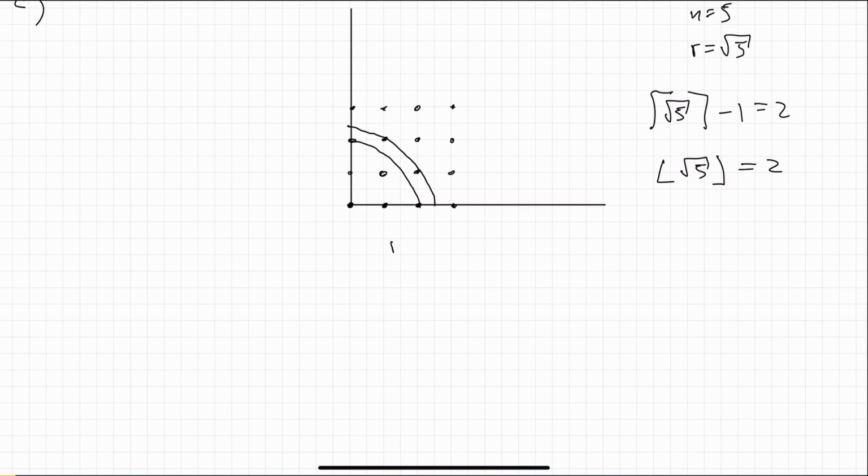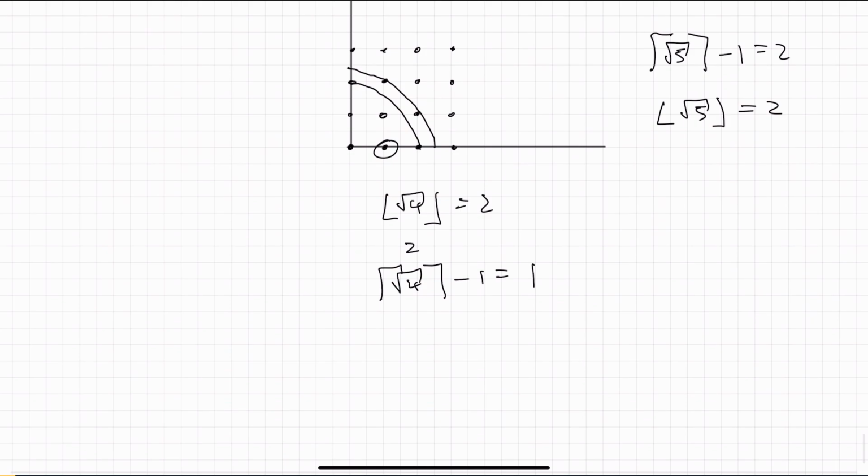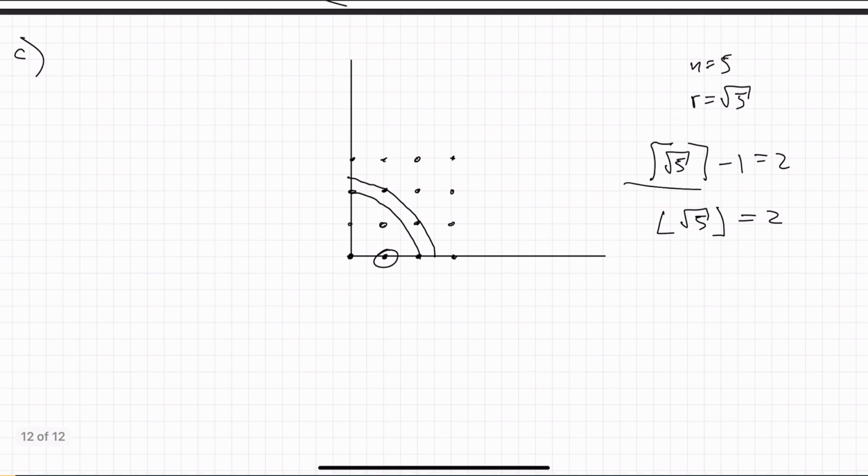Now again, r is equal to 2, so we would be taking the floor of root 4, which is just 2, but then again, we don't want to include this boundary point. So this means that we would be counting both of these, but we only want to count this one. Whereas if we take the ceiling of root 4, this is equal to 2 again, because the floor and the ceiling are both the same since it's an integer, and we minus 1, then we get 1, which is exactly what we want. So that's why we have to use this formula over here.